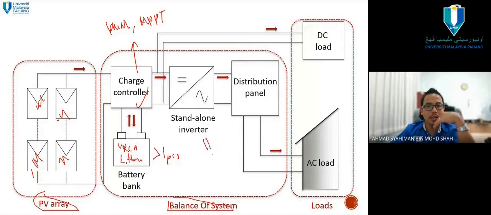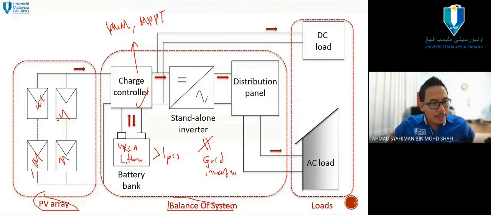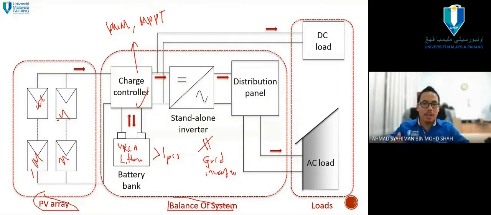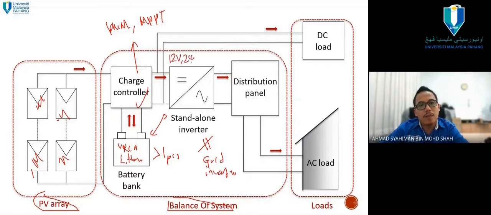So ini grid inverter ni dia tak sama dengan grid inverter lah. Tahu lah kan sebab apa. Standalone, like I told you before, you need to know, standalone is based on the battery, and battery size can be 12, 24 or 48 volt input.